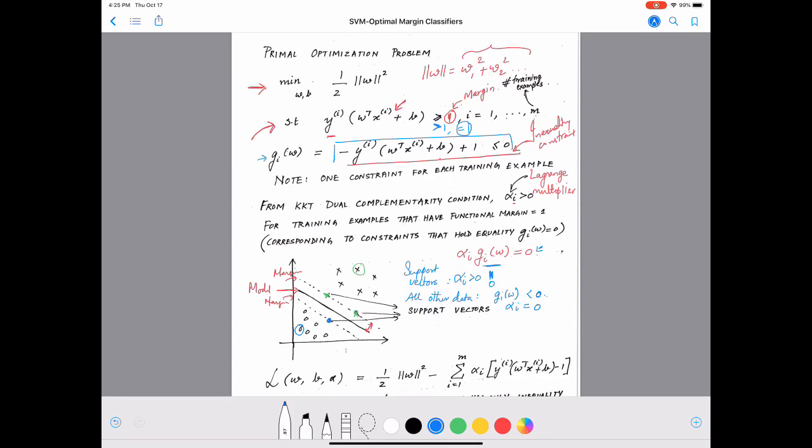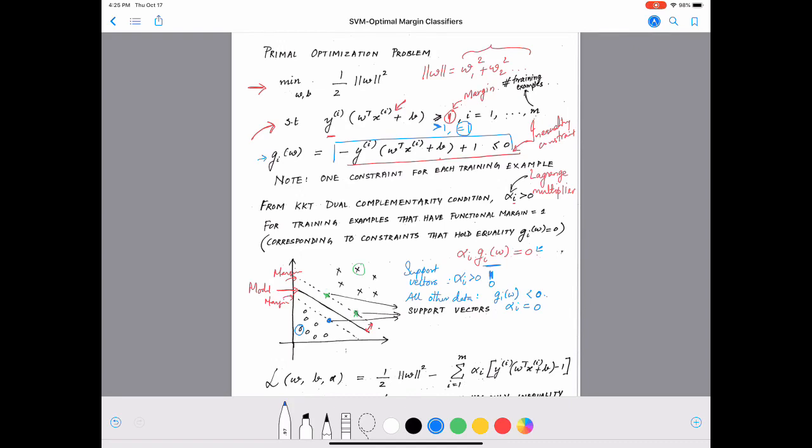But the points closer to the line, they matter. And that is the concept of support vectors and how to maximize the margin. I know I'm saying this more than one time in the videos. I just want to get this point across because this is really important and this forms the basis of SVMs. So just remember this. Okay, now let's continue.